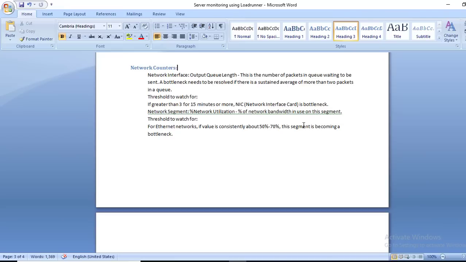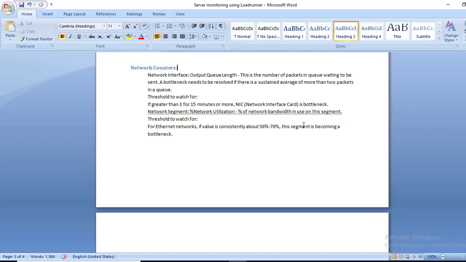If 3 packets are still there in the network for 15 minutes or more, it means there is a bottleneck. There should be no queue maintained, meaning traffic should be flowing.